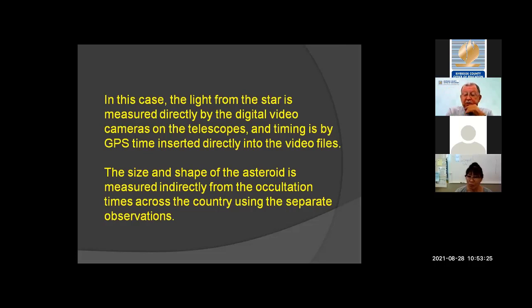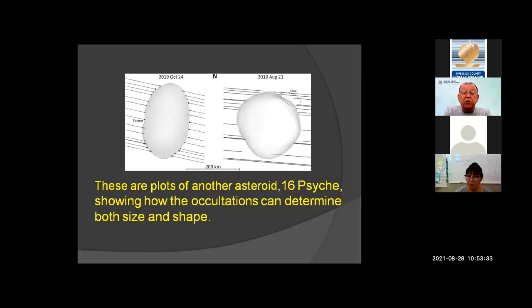Now, the size and shape of the asteroid is measured indirectly from the occultation times across the country, using all the separate observations. And here's what it looks like when you actually start doing that. This is a different asteroid and a different occultation. This one's 16 Psyche. If you look at the left side here, each one of these is one of those occultation data points.